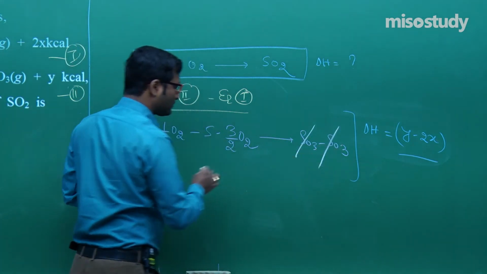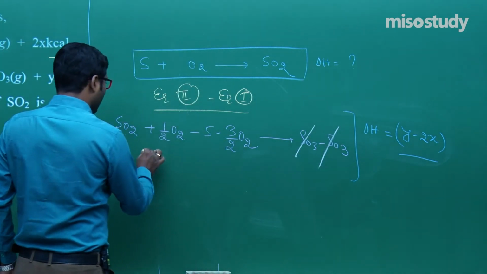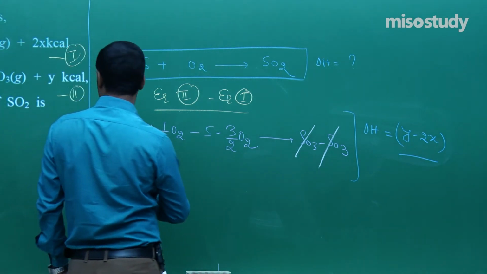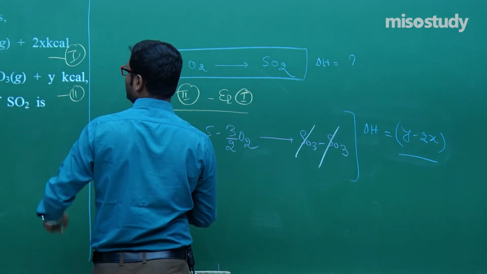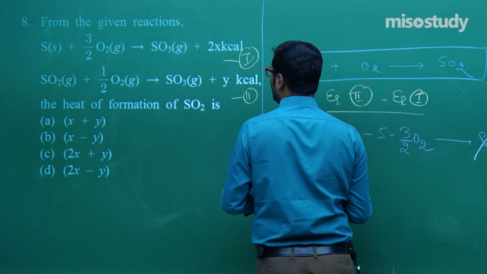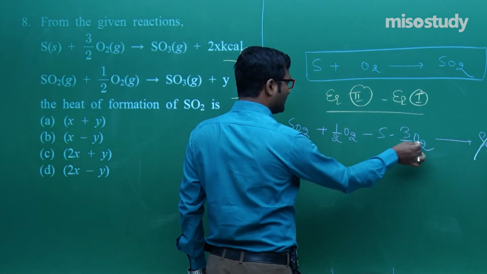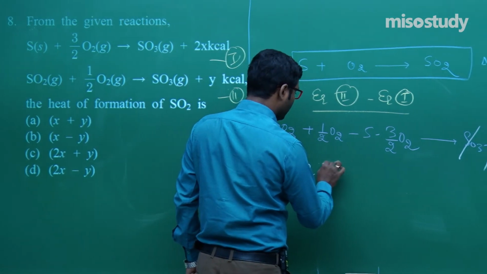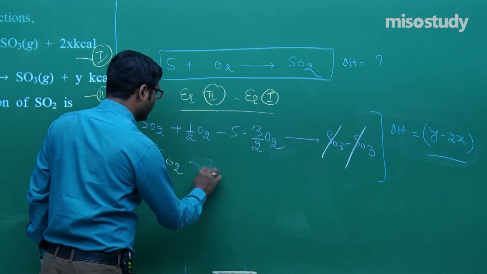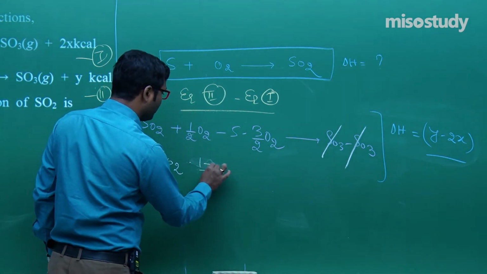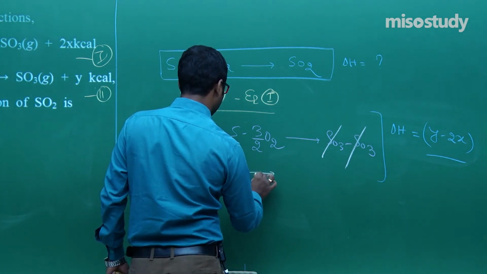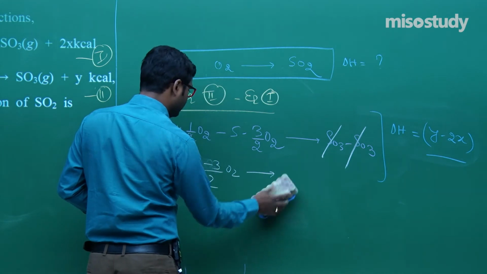Now check it out, what will happen? This SO3 and this SO3 will cancel each other, and SO2 remains. Then SO2 plus half O2 minus 3 by 2 O2, that is 1 minus 3, minus 2 by 2, is equal to minus S. Clear?